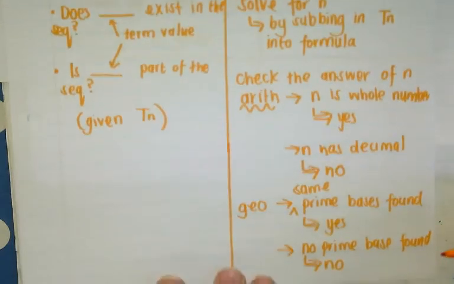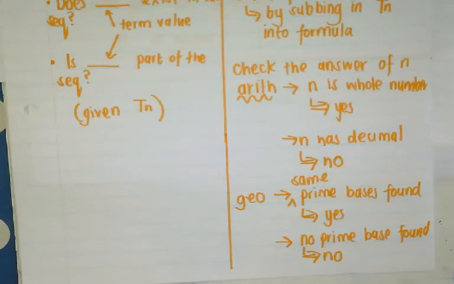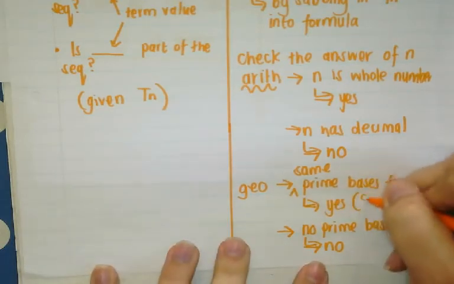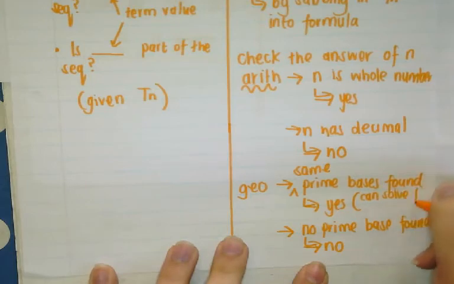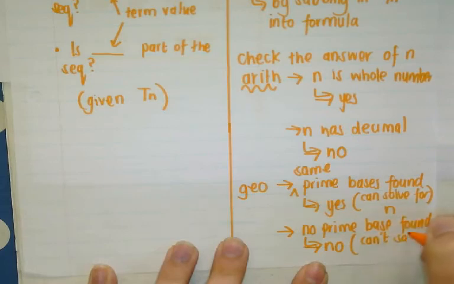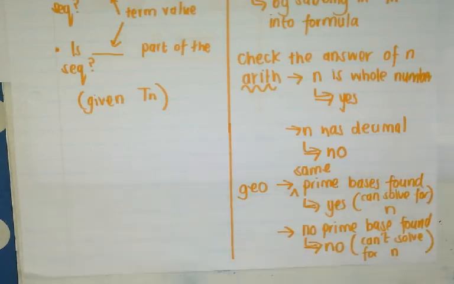If I can't solve for n, then no. So can solve for n would be a yes. Can't solve for n would be a no. And if you can identify those questions and follow what you must do, this will not be a problem for you.